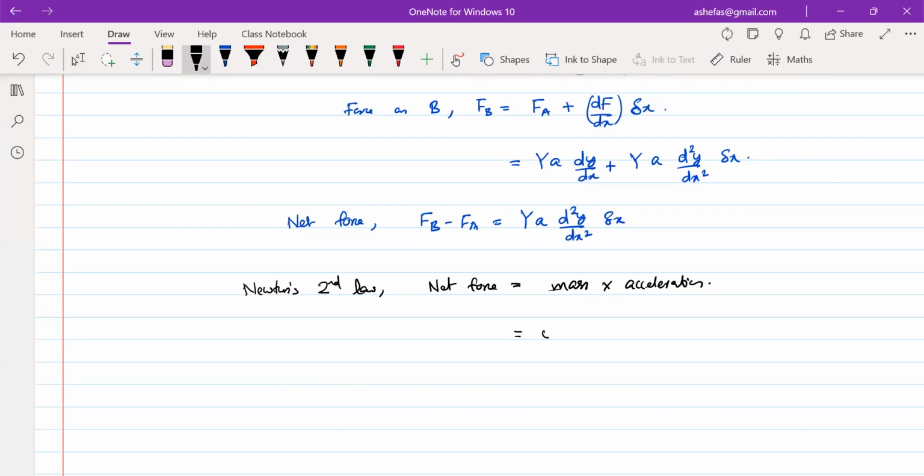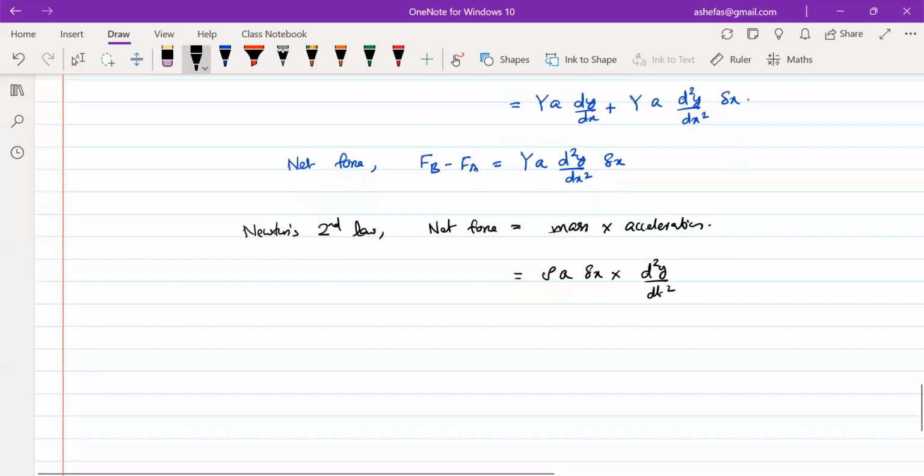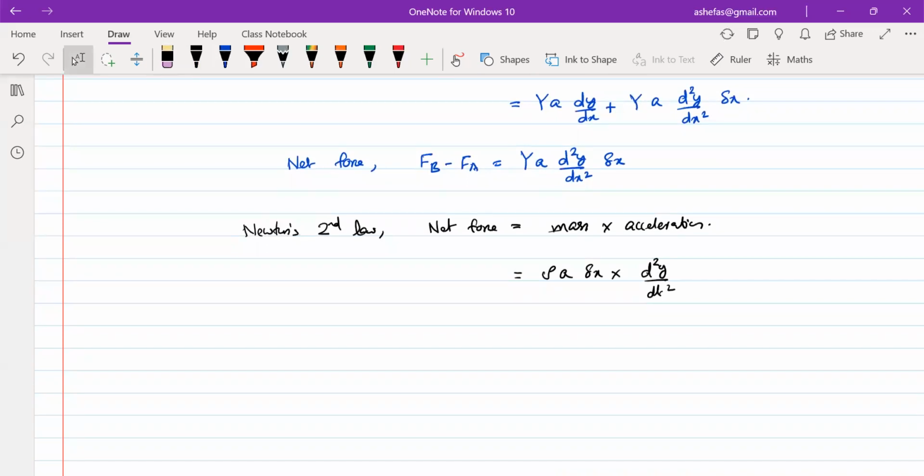Now what is the mass of the segment between A and B? That would be equal to density into the volume, so density into the cross-sectional area into delta x. And acceleration can be written as d square y by dt square. Now these two, equation number 1 and equation number 2, the right sides can be equated because the left side is net force.